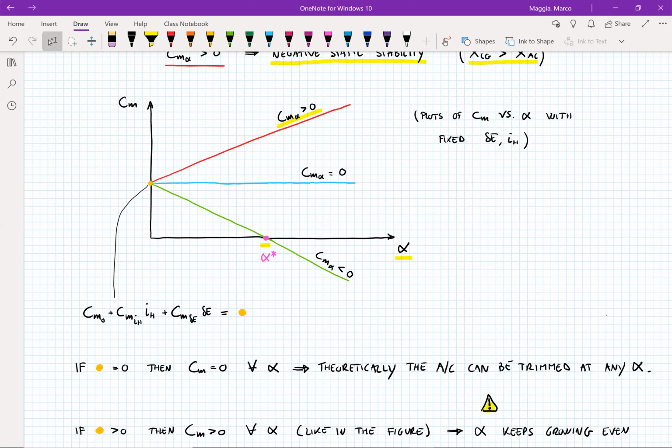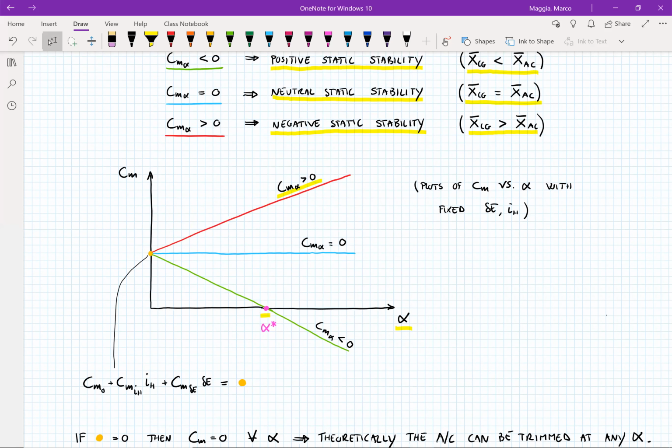Now, you see that it might seem counterintuitive because neutral stability seems not asymptotically stable. So you're not really producing a restoring moment, but you're not diverging either. But you see that if, for example, in this case, the point at which this line intersects the Cm axis is positive, it means that for any angle of attack alpha, we're going to have a positive pitching moment.